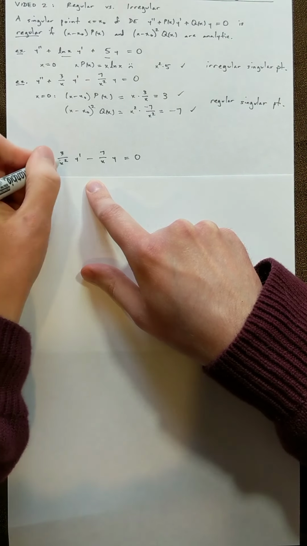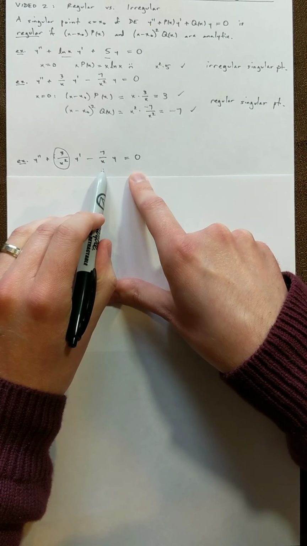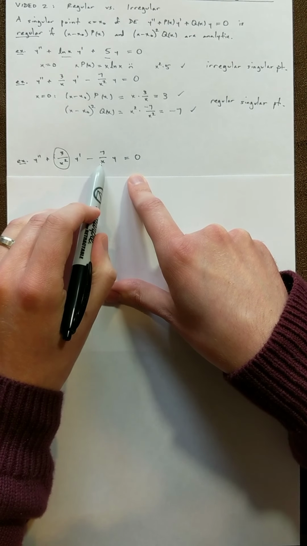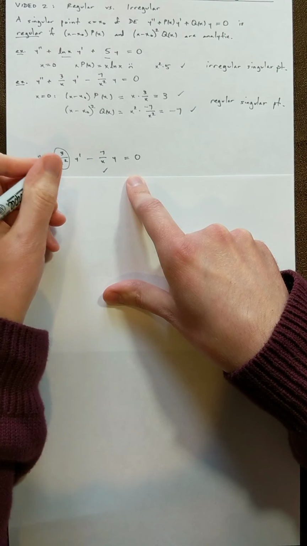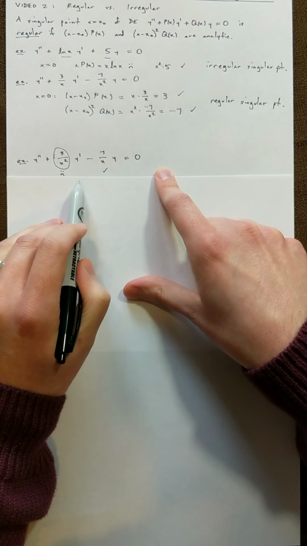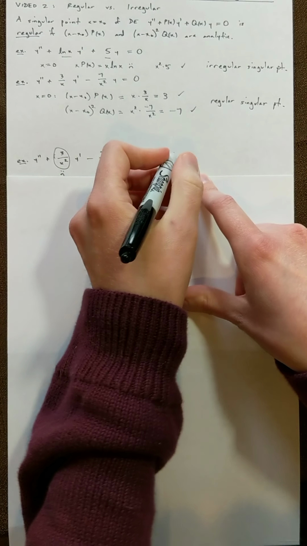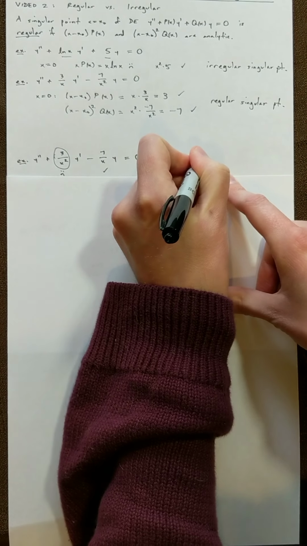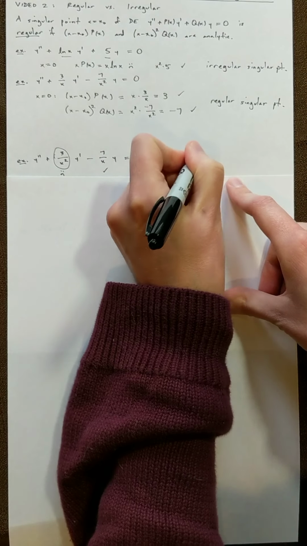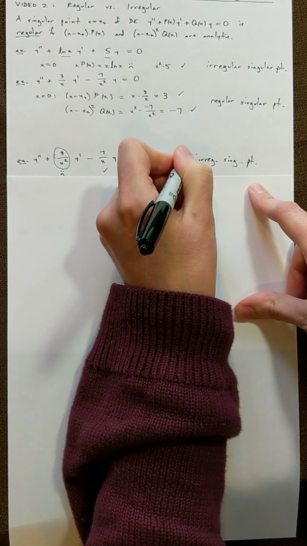So because of this one, we're going to be irregular. This one, if I multiply by x squared, is actually going to be a-okay. But again, if you fail either one, you're not going to be a regular singular point. You're going to be irregular. So x equals 0 is an irregular singular point for this particular differential equation.